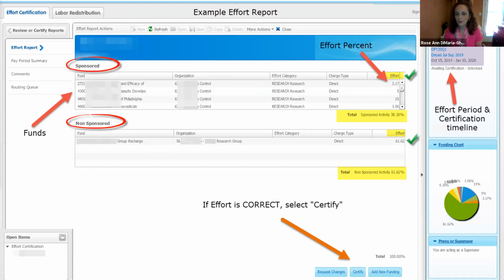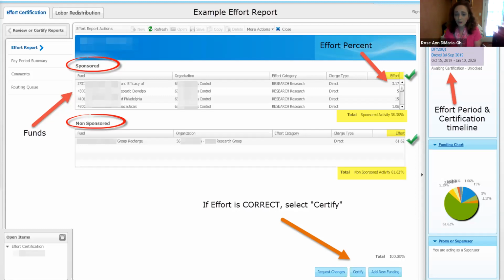The first one is 3%, then 5%, then 15%, then 1%. The total of all of their grants combined, or sponsored activities, is 38.38%. So that means the other 61%, if you were a faculty member, would be charged to the unrestricted fund, like in CNHP. That's where faculty salary comes out of.